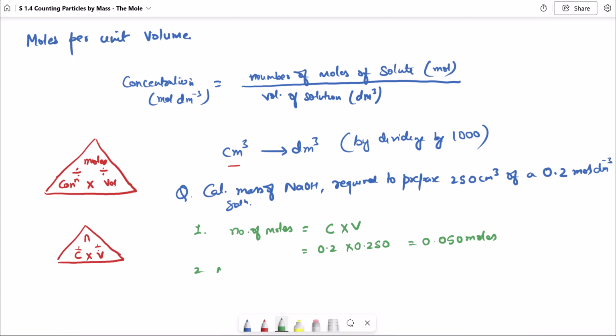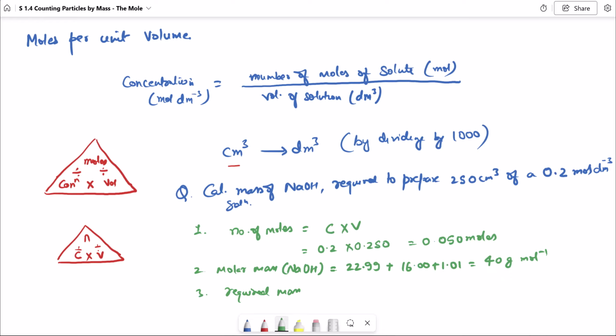Now second, what you need? Molar mass you have to find, right? So the molar mass of NaOH will be how much? So Na is 22.99 plus 16 for oxygen and 1.01 for hydrogen. Total it comes to 40 gram per mole. Now you have to find the required mass.